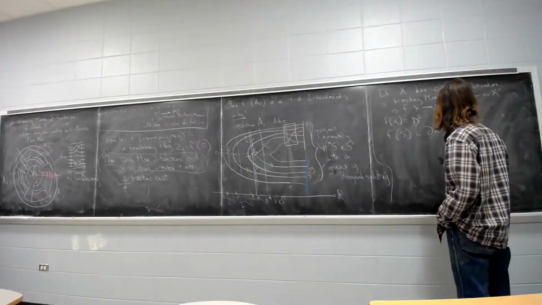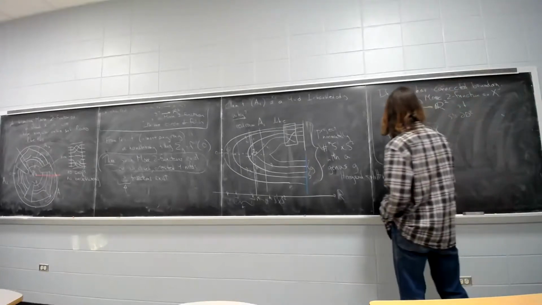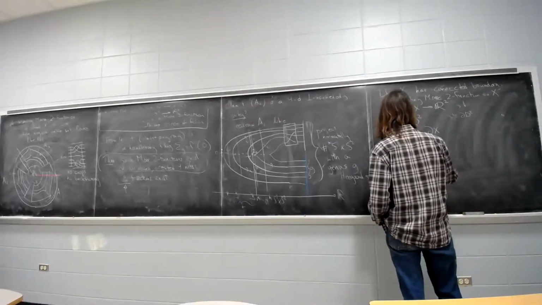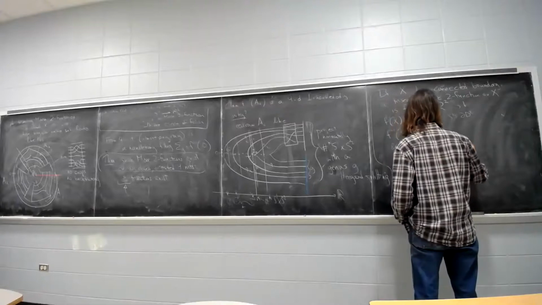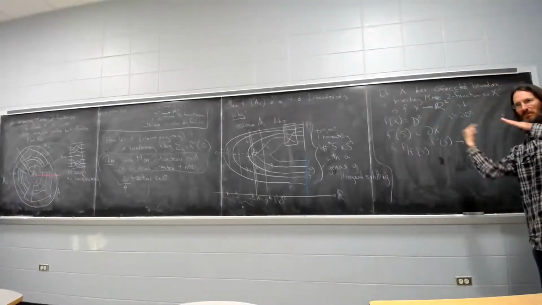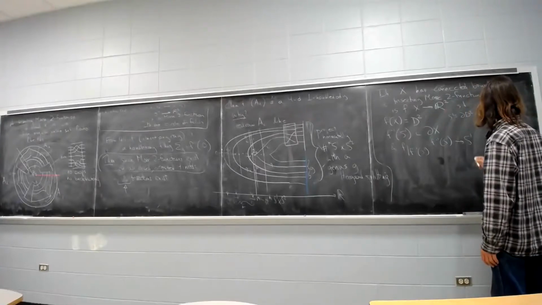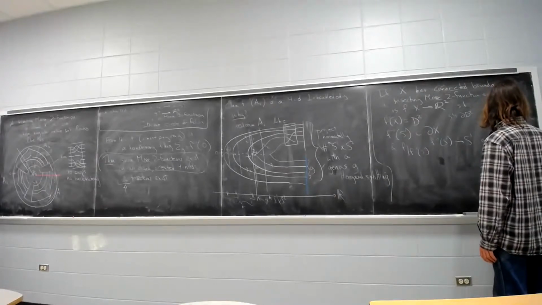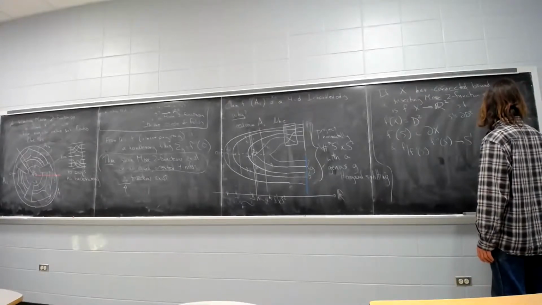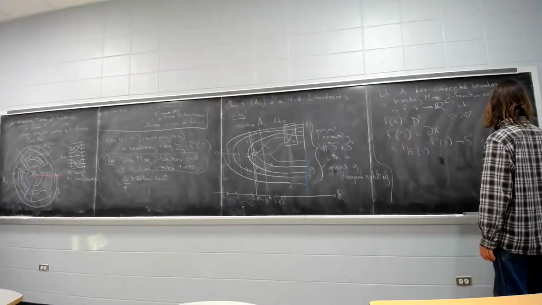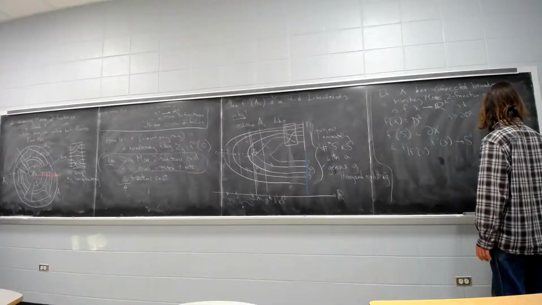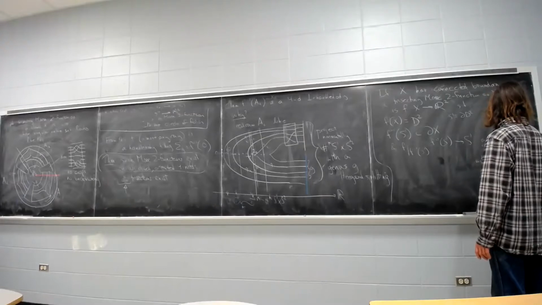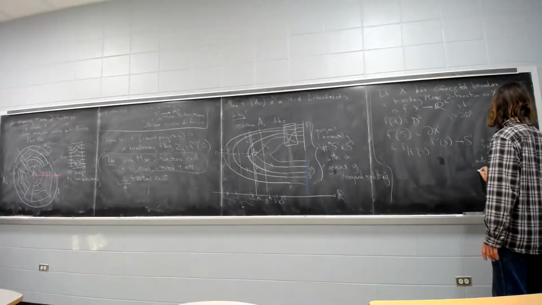And F restricted to F inverse of S1, I want that not to have any critical points. So that's something mapping down. I want that to be a closed, compact surface bundle over S1, with fibers surfaces with non-empty boundary.